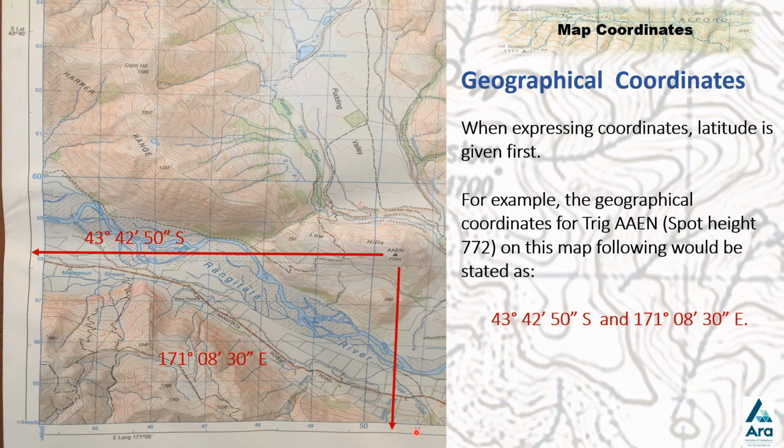We divide that into 60, and it's roughly halfway, so it's about 30. That would be expressed as 171 degrees, 8 minutes and 30 seconds east of the prime meridian line.